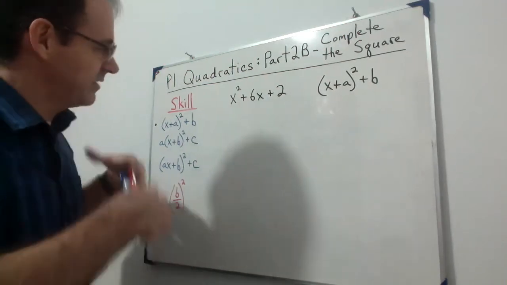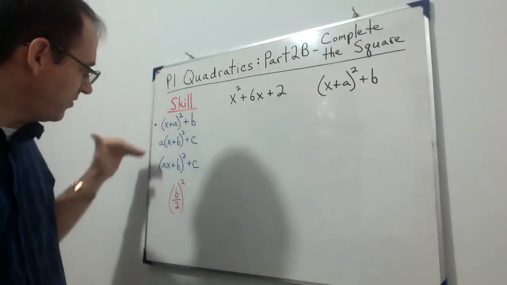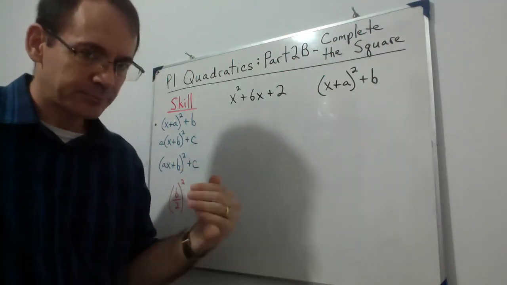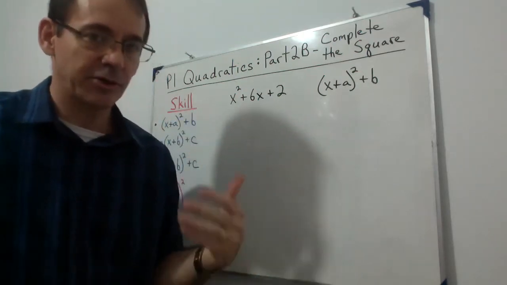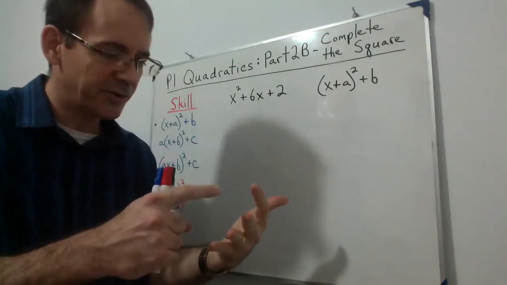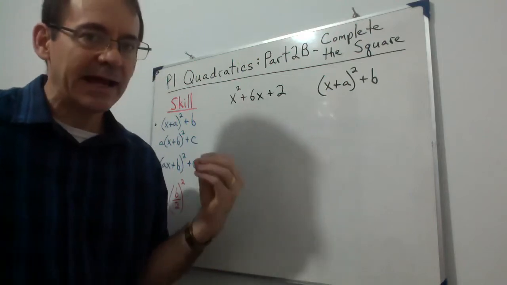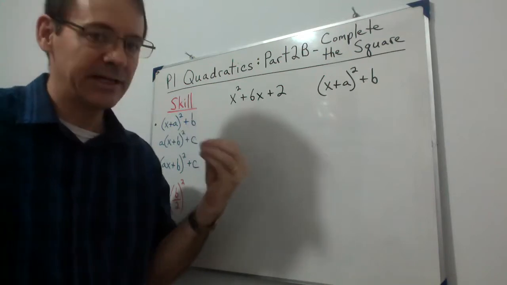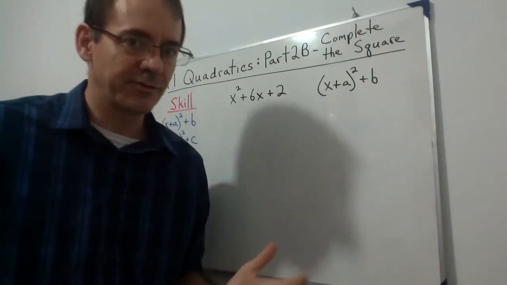So I'm going to demonstrate today in this part 2B the ways that you're going to have to do the complete the square. Later in further chapters or units such as functions, geometric properties of circles, and differentiation, you're going to have to apply the completing the square method in some sort of context.